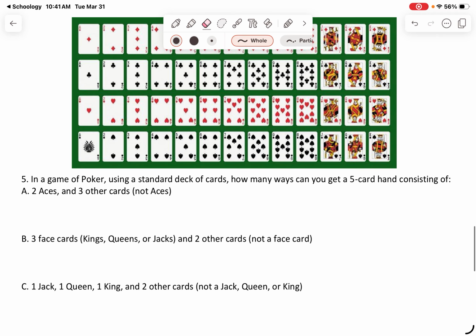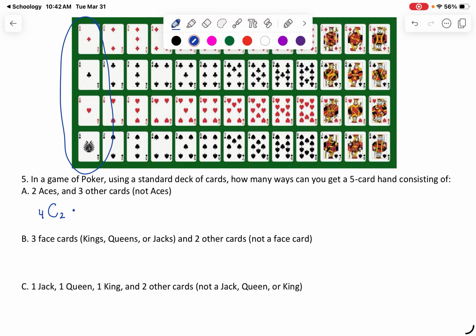All right, so it says, in a game of poker, using a standard deck of cards, how many ways can you get a 5-card hand consisting of 2 aces and then 3 other cards? If you want 2 aces, there's 4 aces total, so from the 4, you're choosing 2. The order doesn't matter, so we're using multiplication.